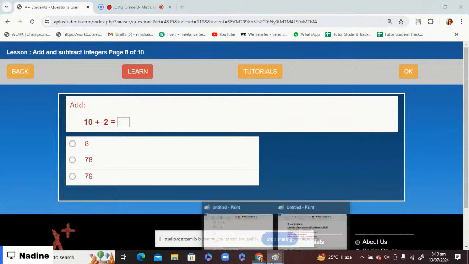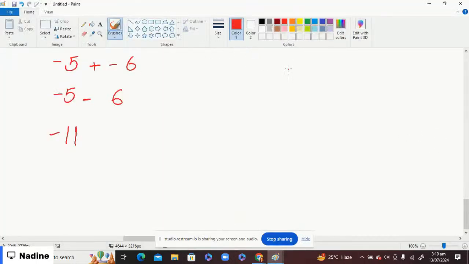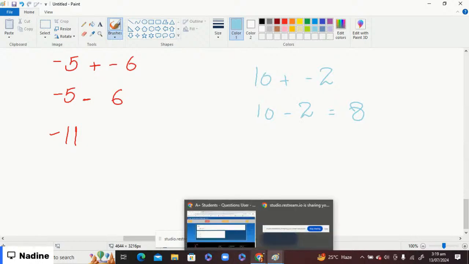10 plus into minus 2. Let's do it. 10 plus into minus 2. So now tell me, if there is one plus sign and one minus sign, how can we solve it? Plus minus becomes minus. 10 minus 2 is just simple subtraction, that is 8.